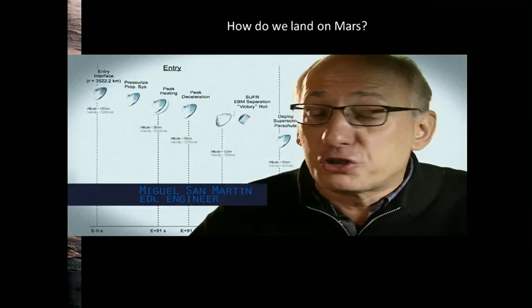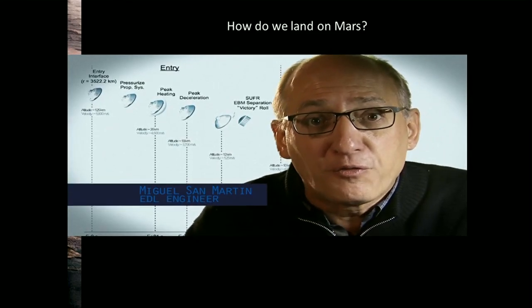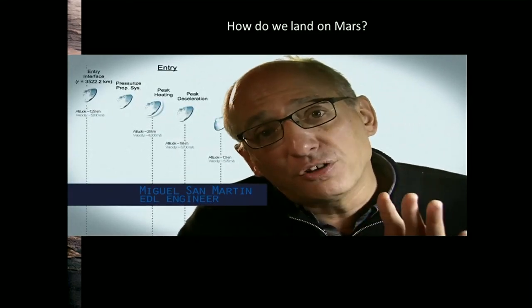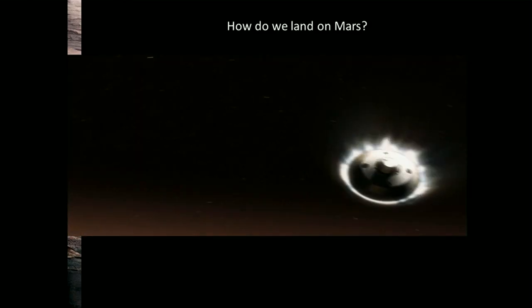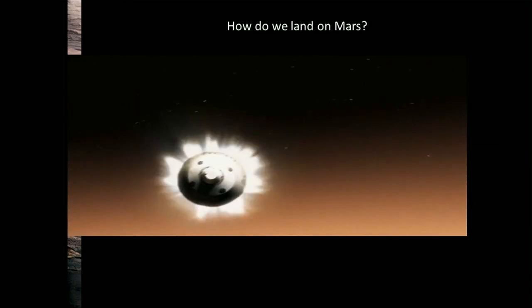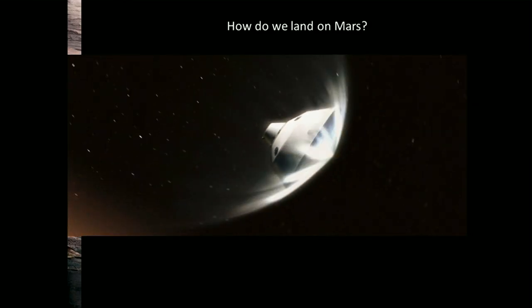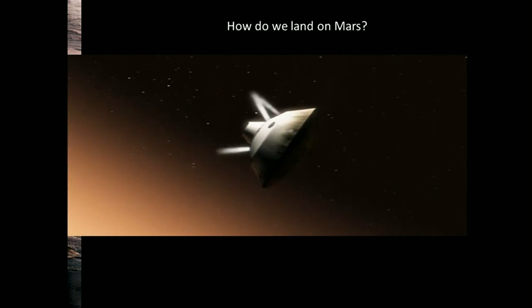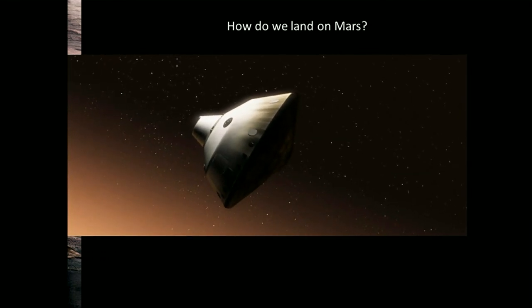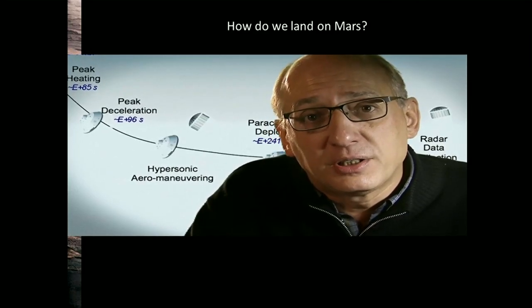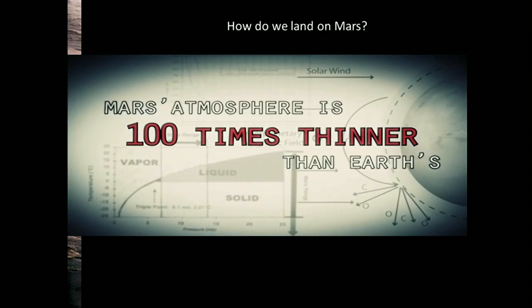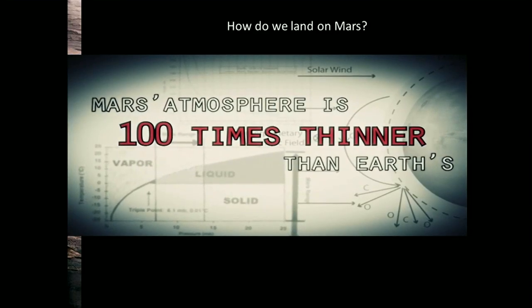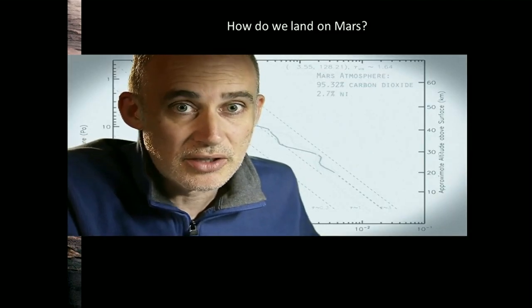During entry, the vehicle is not only slowing down violently through the atmosphere, but also we are guiding like an airplane to be able to land in a very narrow, constrained space. This is one of the biggest challenges that we're facing, and one that we have never attempted on Mars. Mars is actually really hard to slow down because it has just enough atmosphere that you have to deal with it.